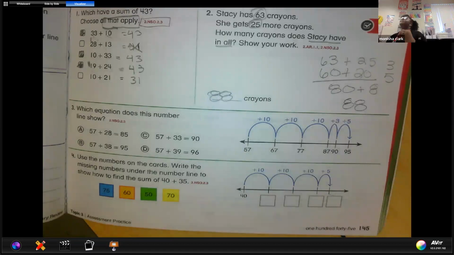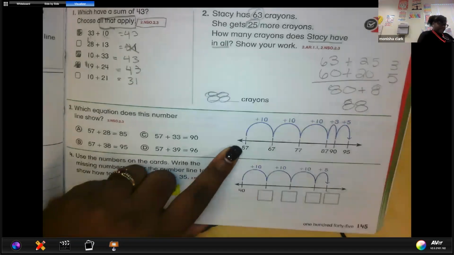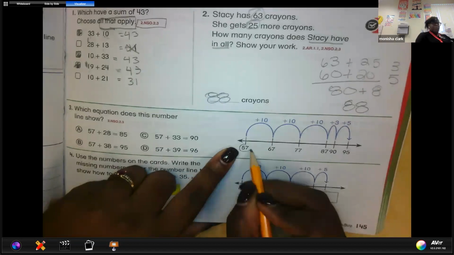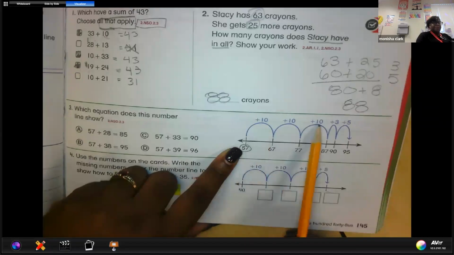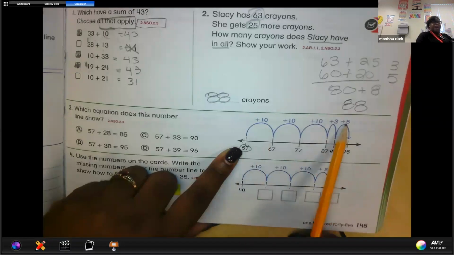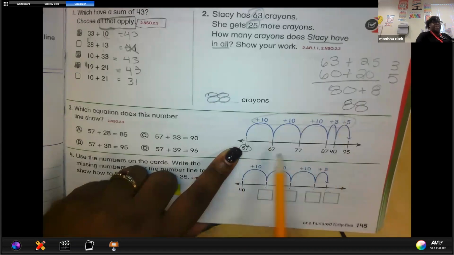So when I'm looking at this number line, let's think about what the number line is telling us. It's starting out at what number? 57. All right, so when we start out at 57, if you look at the top, plus 10, plus 10, plus 10, plus 3, plus 5, if we add this up, this is going to tell us what we added on our number line.